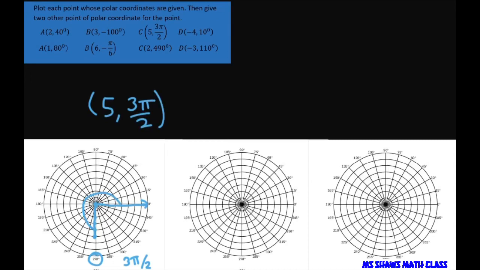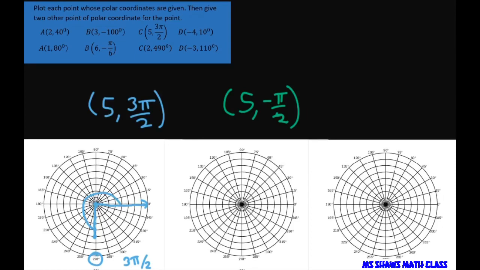Now to get a similar one, all we need to do is we can take, and the answers vary. You can do more. Let's do 5 negative pi divided by 2. So in that case, we're subtracting 2 pi.